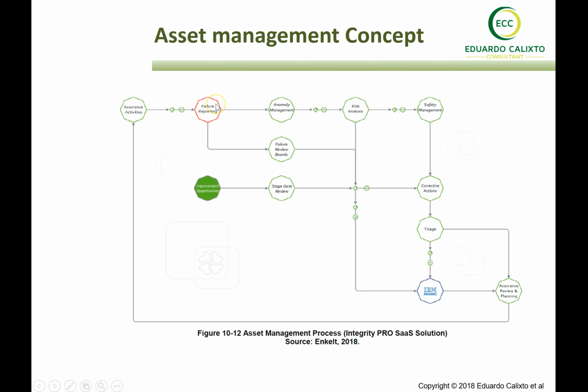In the first stage, this failure is reported by a technician or operators, and then goes to the supervisor and engineers level, which considers this failure report, also considering other failures that already happened, and it's time to make some risk assessment for the system and organize such information by system, so they are able to look at the system as a whole as well as at the group of equipment and components.